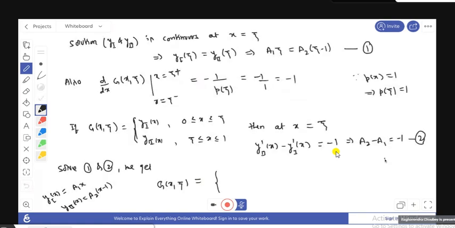this equation is a1 xi minus a2 xi equals minus a2, and here this is minus a1 plus a2 equals minus 1.